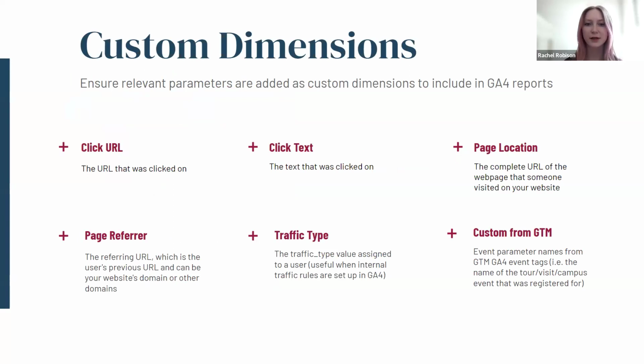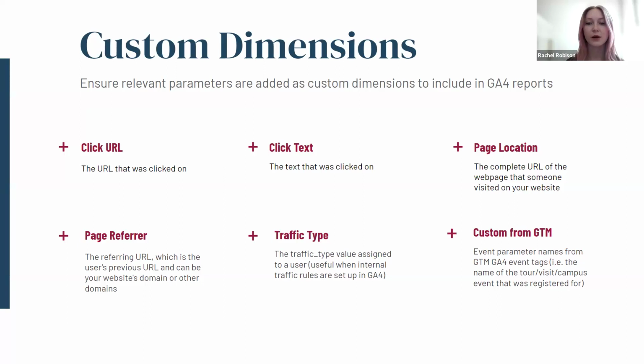So some examples of custom dimensions that we commonly see added in GA4 are the click URL, so you can see which URL was clicked on, the click text, or even the page location, where did the event occur, the page referrer, so what was the user's previous URL before the page that they visited where the event occurred, the traffic type, which is especially valuable if you have set up your internal traffic rules in GA4. And then lastly, you may actually have a more unique parameter name that you yourself named in Google Tag Manager with one of your GA4 event tags.